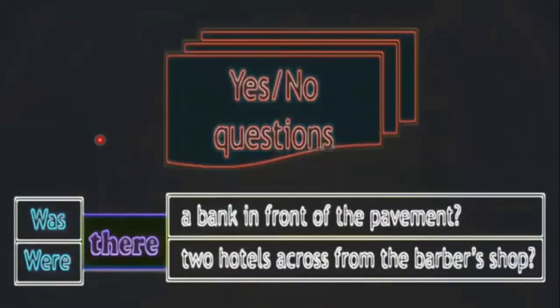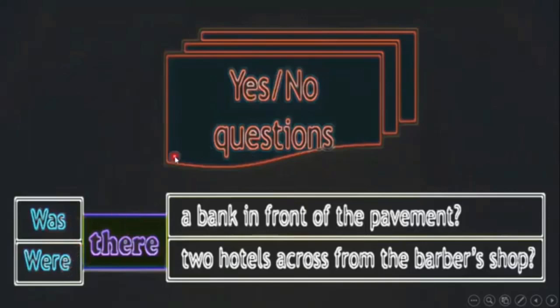Now, my students, we'll learn how to make yes and no questions with there was and there were. In this question, we will not begin with there. To make a question, we begin with was and were.